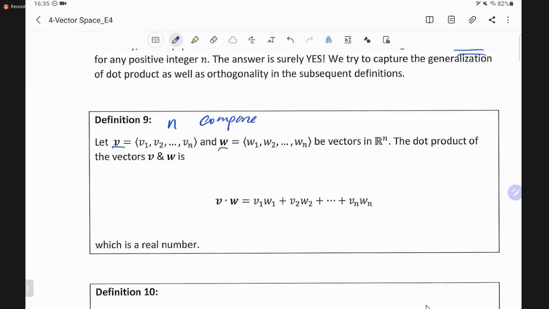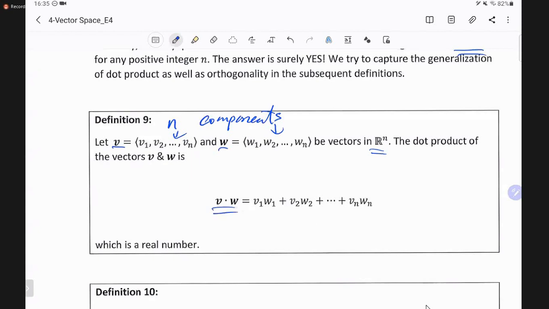So vector v and vector w have n components inside the vector. These vectors are in Rn space, and we would like to explore the dot product of the two vectors, v and w.